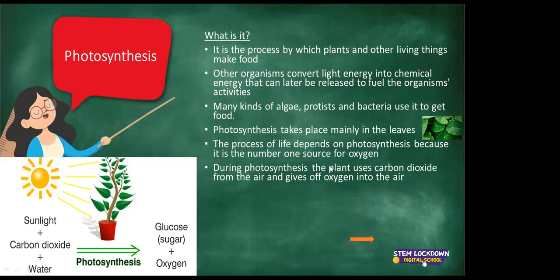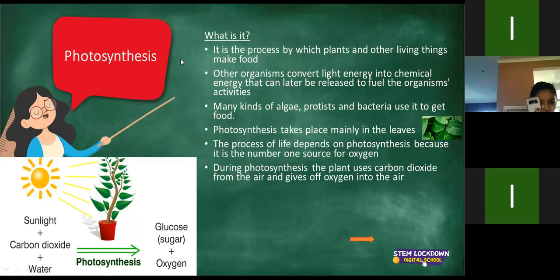During photosynthesis, the plant uses carbon dioxide from the air and gives off oxygen into the air. Now remember, we breathe in oxygen and give out carbon dioxide, the very same carbon dioxide that is needed for photosynthesis to take place.